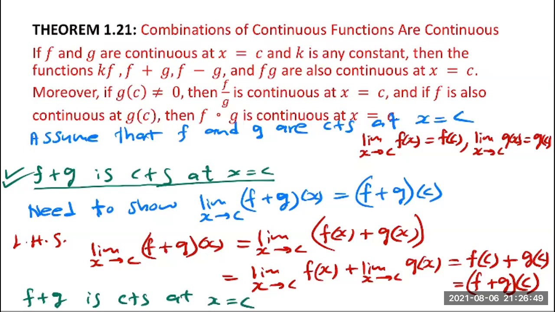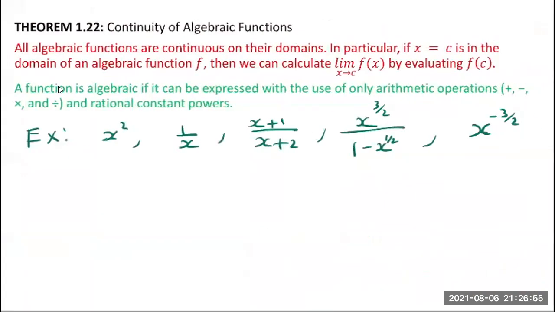All right, let's move on. Next, we have theorem 1.22, continuity of algebraic functions. Here is the theorem: all algebraic functions are continuous on their domain.